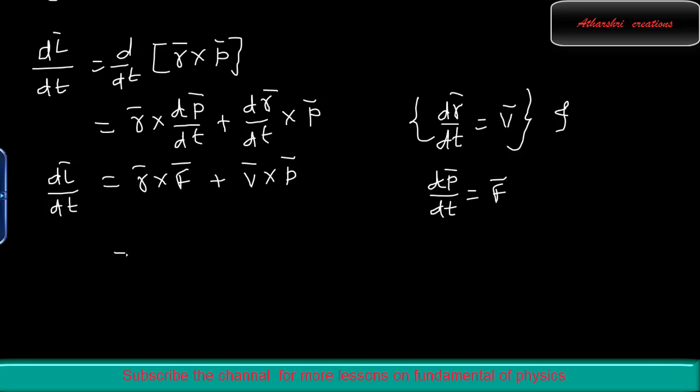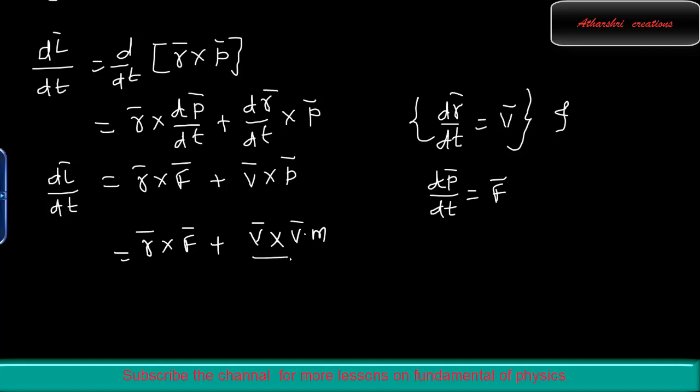Now see the equation again. This dL by dt equal to r cross F plus v cross p. Now p is nothing but mv. Hence we can write this is equal to r cross F plus v cross v into m, because p equal to mv.